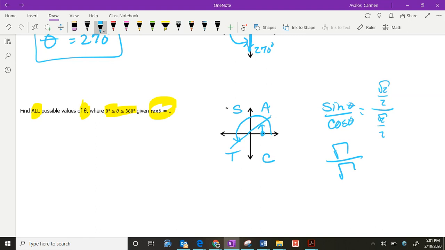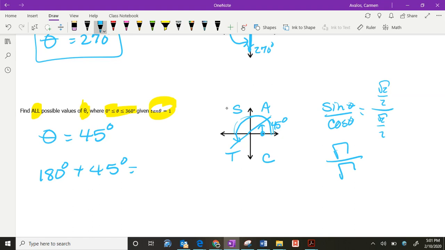Our reference angle is going to be 45, but because it's in quadrant 1, that reference angle is also our standard position angle, and so therefore theta is going to be 45. In order for me to find the standard position angle in quadrant 3, what you're going to need to do is, here's the full half, so we have a whole 180 there, and we're going to add the 45 degrees.